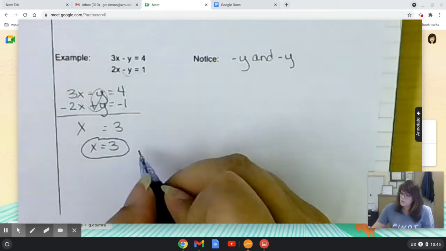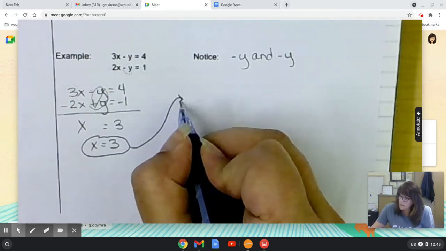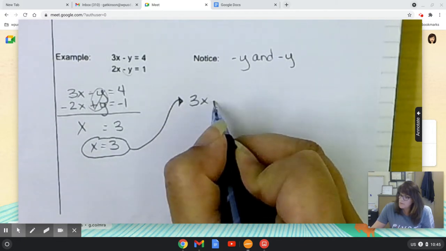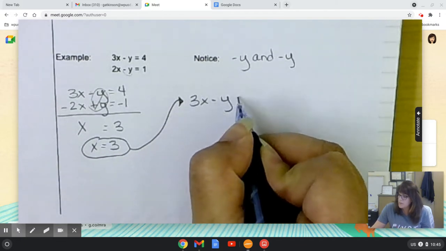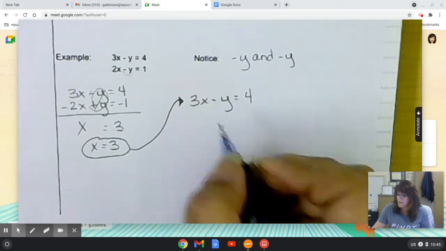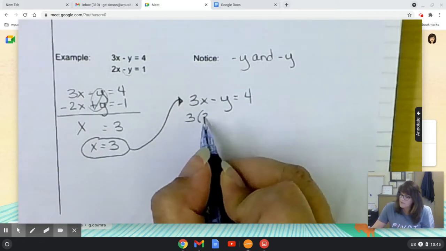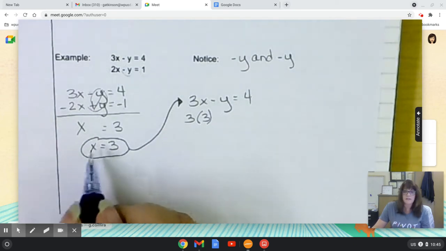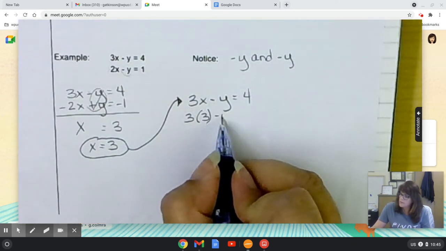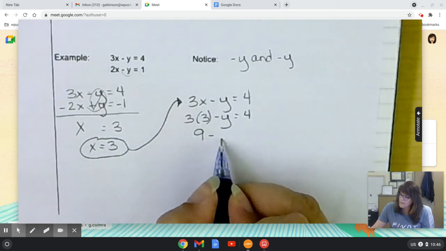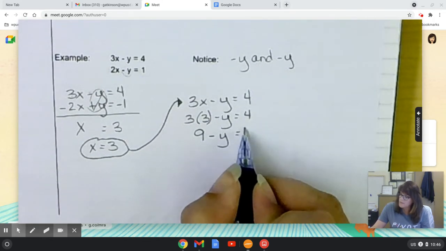And now I take that value, I substitute it in to one of the original equations, nothing modified. And instead of x, I can now use the value of 3 because x equals 3, minus y equals 4. 9 minus y equals 4.